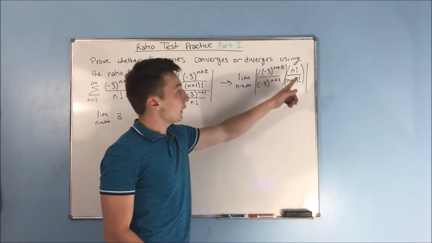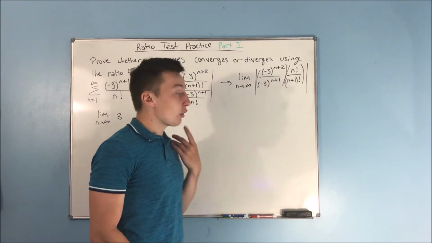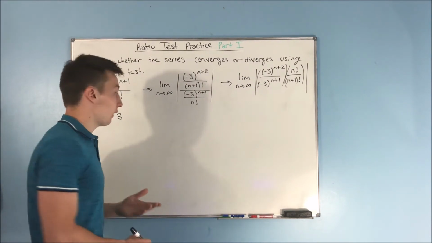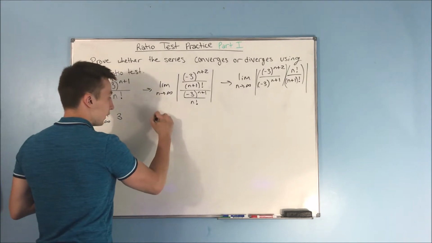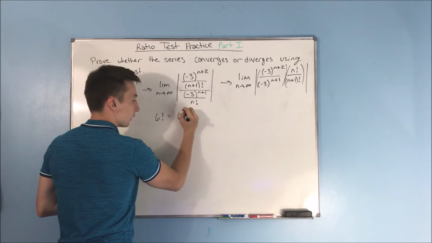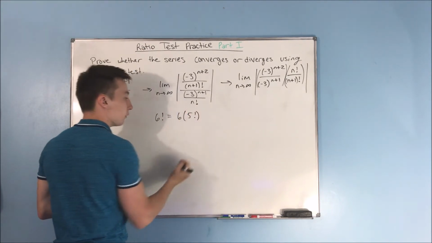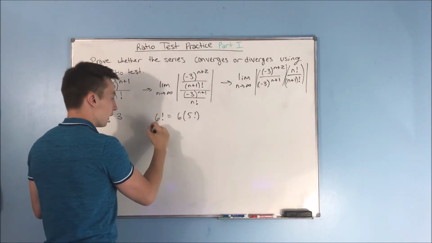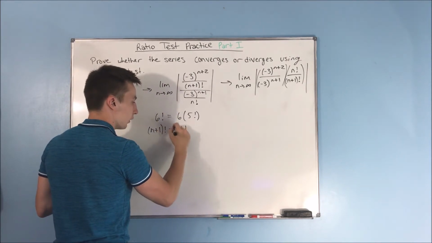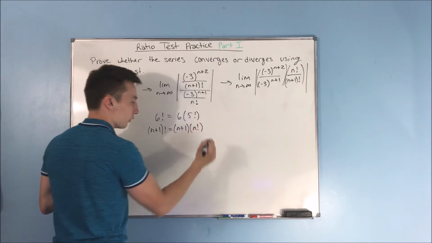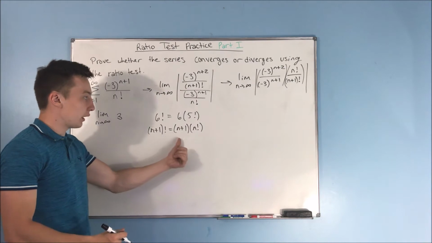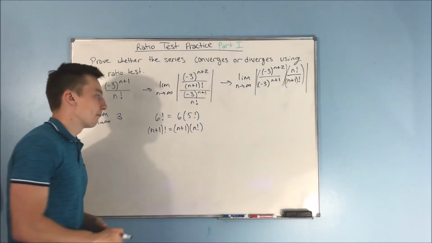Now we have n factorial over n plus 1 factorial. Remember what I said in the last video about 5 factorial versus 6 factorial: 6 factorial equals 6 times 5 factorial. So n plus 1 factorial equals n plus 1 times n factorial. If I plug in 5 for n here, that's this.